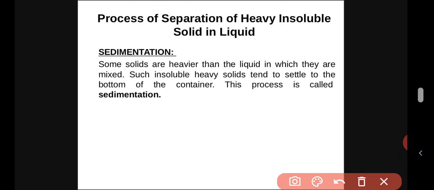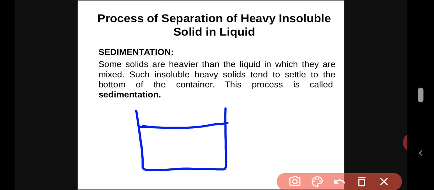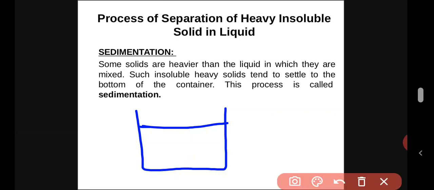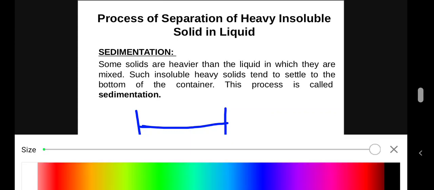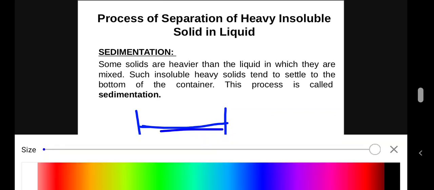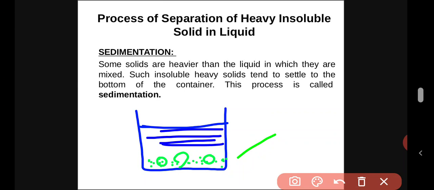So this is one of the processes where, if this is a container and this is the water, and we mix in rocks, stones, pebbles, and this is the sand, then we can see that the water is there, and the insoluble heavy solids are settled down at the bottom of the container.